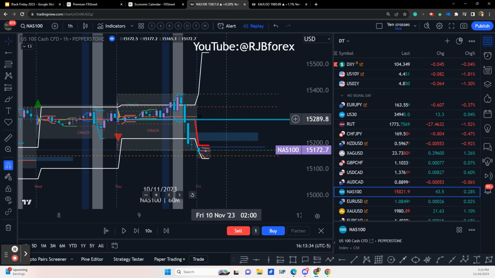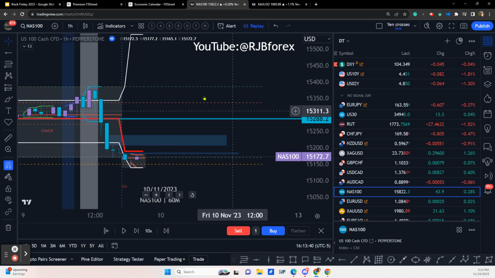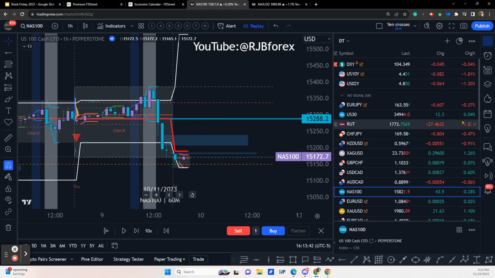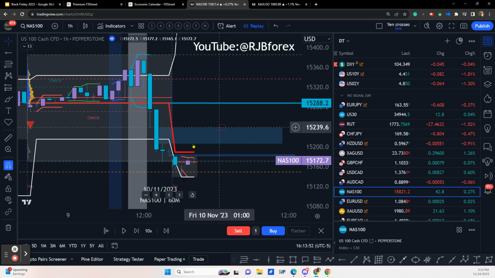So when we come into Friday now, what we're looking for is, where did Thursday close? So I've got this indicator here that tracks the close. So it closed down here. So on Friday, we've dropped in the open in Tokyo, and we're now below the closing price.